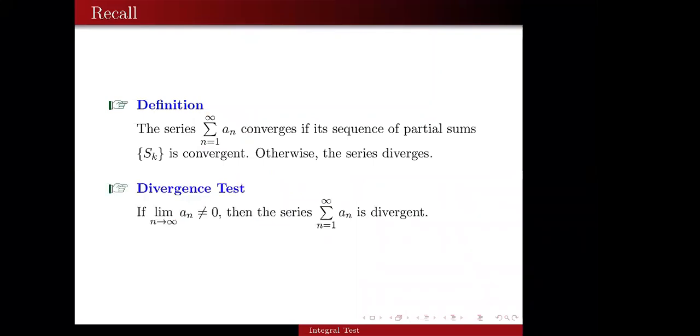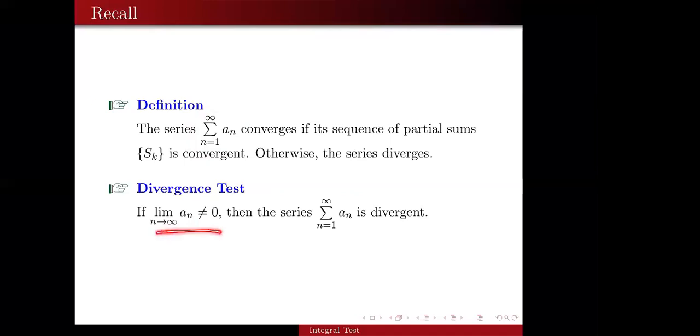And then we have the divergence test, a test for divergence. In here, we look at the series sum of a_n from n equals 1 up to plus infinity, and we consider the terms of the series: a_1, a_2, until a_n, a_{n+1}, etc. Then you check the limit of the terms as n approaches infinity.